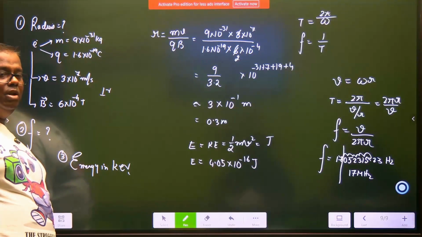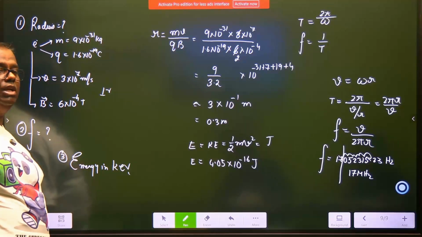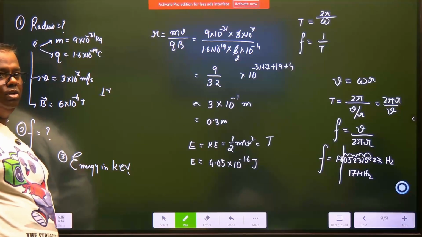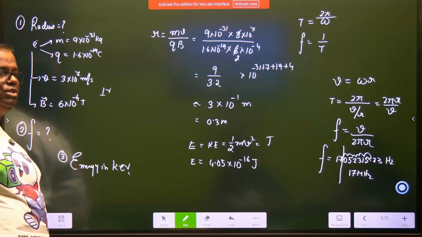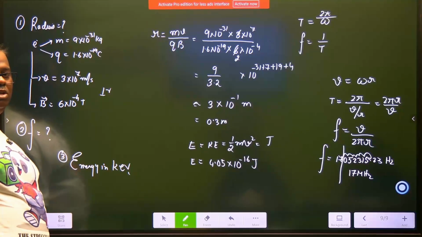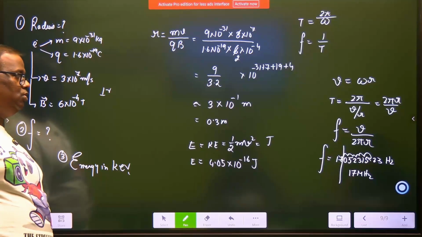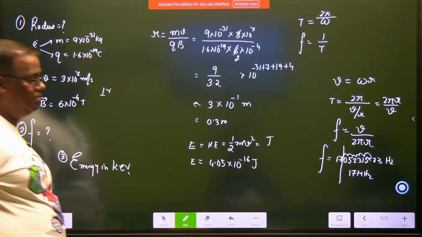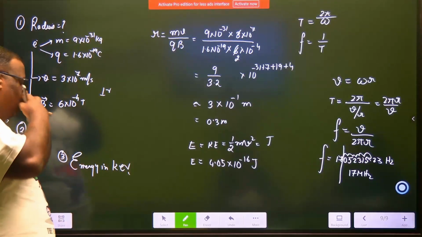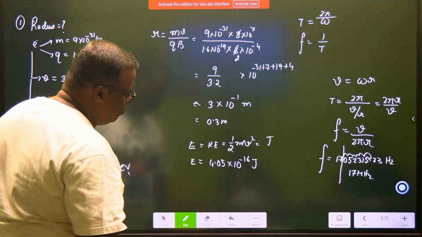Okay. Now you have to convert this into kilo electron volt. First convert into electron volt. Electron volt means energy gained by an electron when the potential difference is 1 volt. How much energy does it gain? 1.6 into 10 to the power minus 19 joules. So 1.6 into 10 to the power minus 19 joules is equal to 1 electron volt.